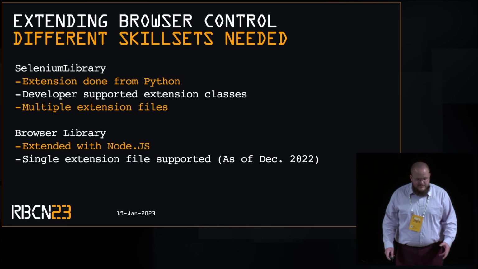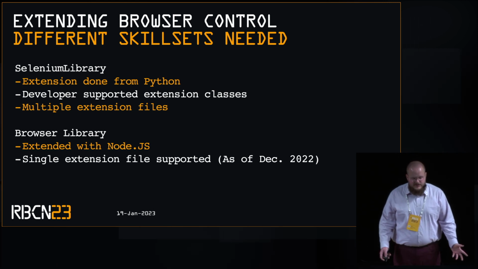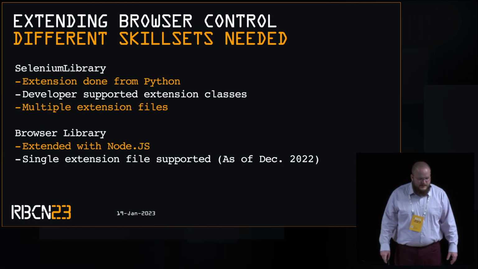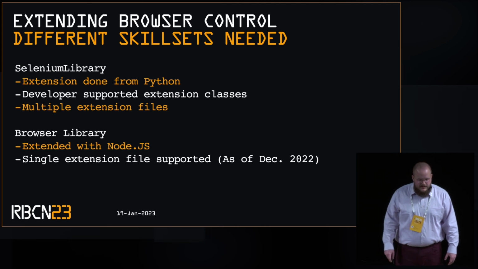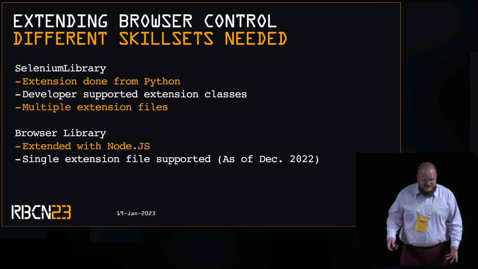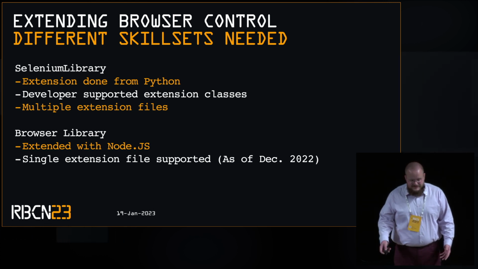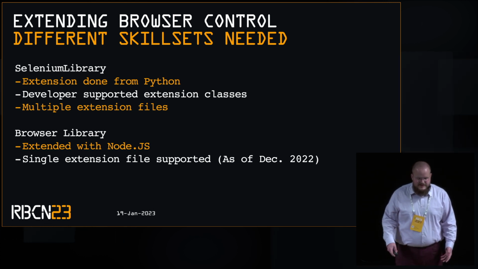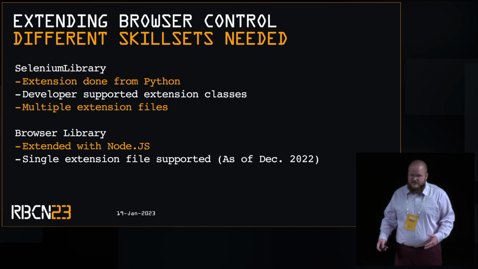And on our team, that's especially true. Selenium Library has always supported multiple extension files. In Browser Library, you could historically extend with Node.js. However, recently they've added support for extending Browser Library through Python.